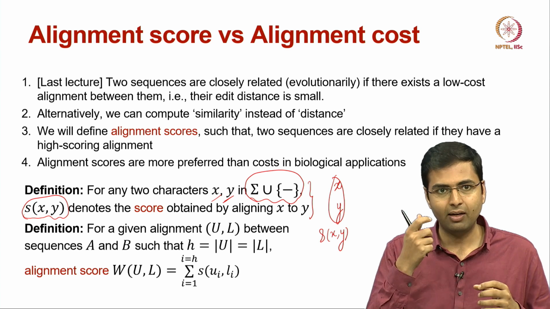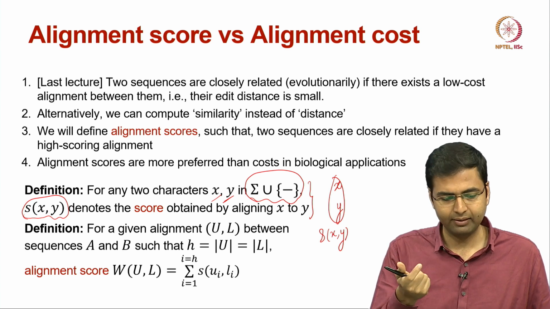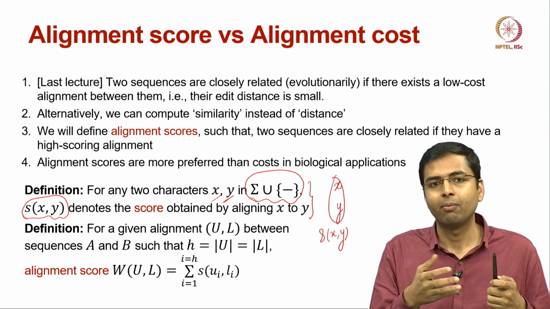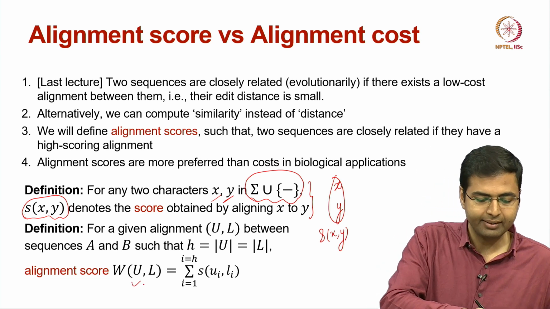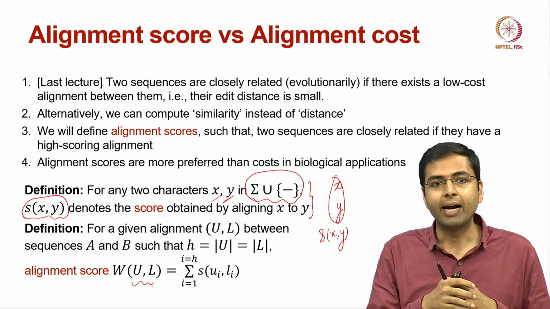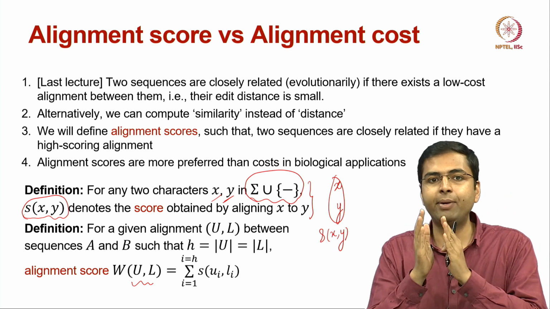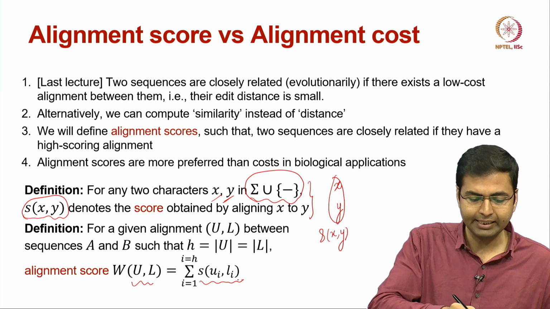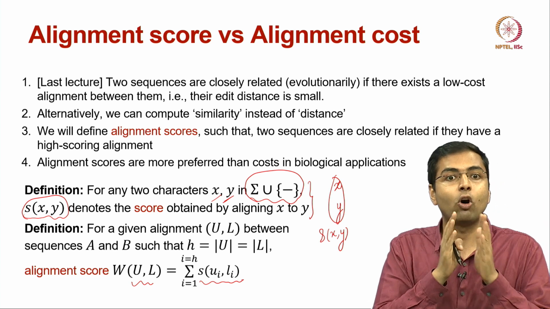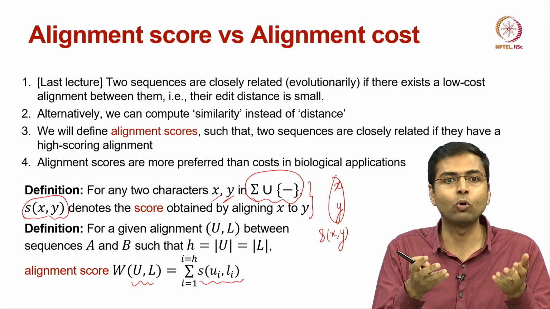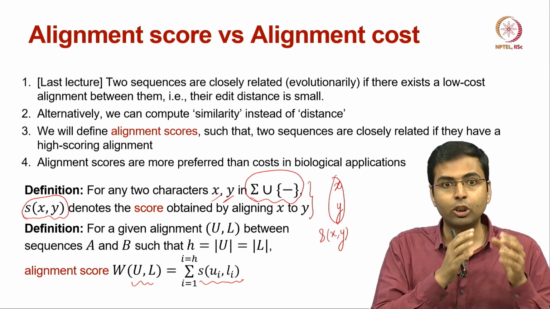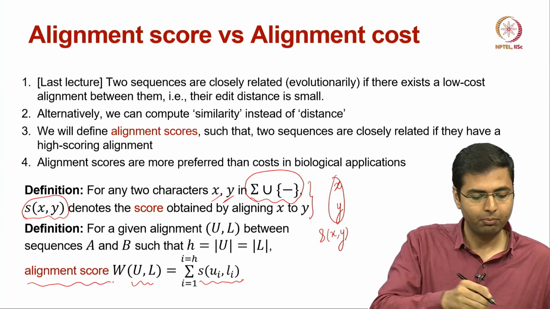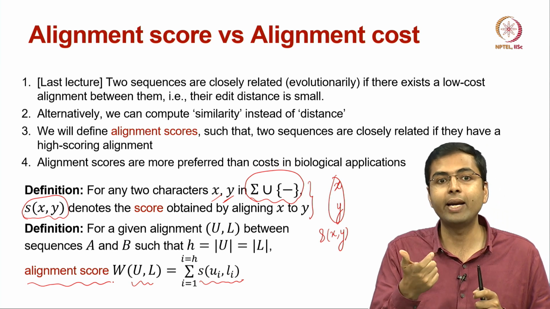Using this score between two characters I can accordingly define the score of an alignment, because if my alignment is given by sequences u and l, again I can look at the individual columns of that alignment and apply this score function s to those individual columns and sum up the scores. So, the total summation of the scores will give me the total alignment score for alignment u and l.